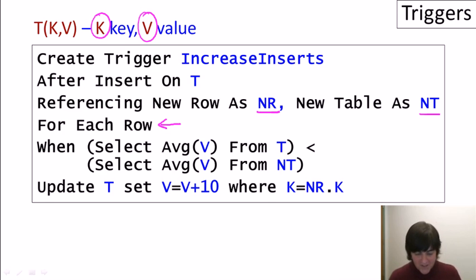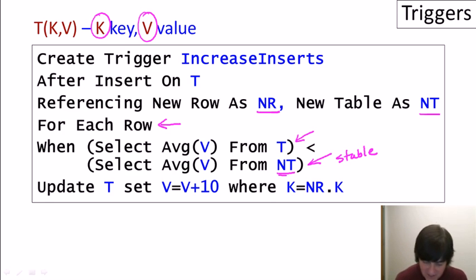Okay, so what is this trigger doing? It's going to process one inserted row at a time, and when it processes that row, it's going to check whether the current average value of V in table T is less than the average of the inserted rows. One thing I want to say is that this value is stable, so even if we modify T, NT doesn't change.